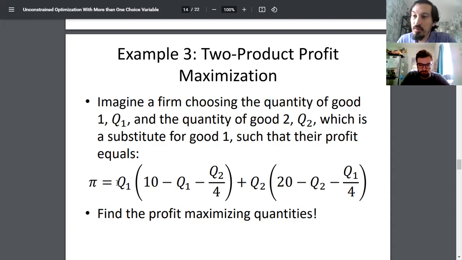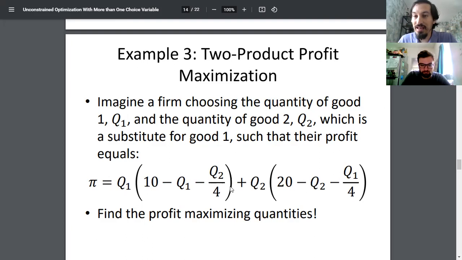Revenue equals price times quantity for each good. So rather than starting from the basic fundamentals, I went straight to the profit function, and I can explain it. The first term, well, Q1 is the quantity of good 1 produced. Then this term here in parentheses is the price that the monopolist charges. I'm assuming this is like a pseudo monopolist, somebody who has some market power.